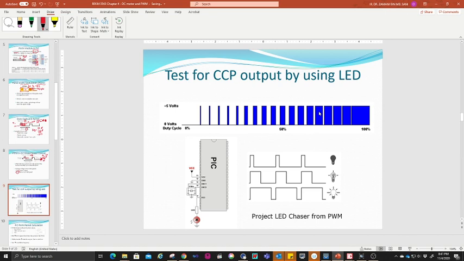Okay, if you want another analogy, it can also be tested with an LED. So example here, this is your PWM. This is your duty cycle, and this is the whole period here. This is the same period, right?